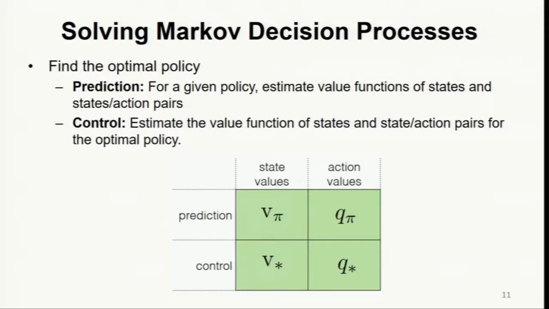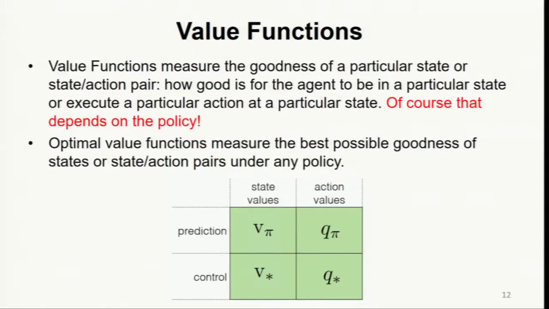And the star means you're going to take the max, either maximization or minimization, depending on how you define your reward. So once you have star, that means this is a control problem. So you have a prediction problem and a control problem. Value functions measure the goodness of a particular state or state-action pair.